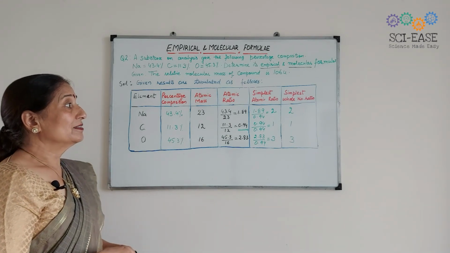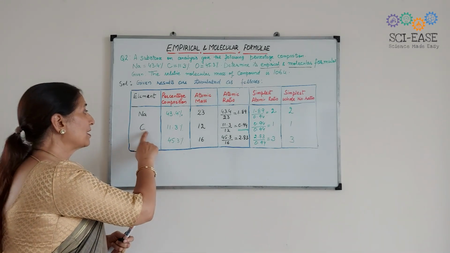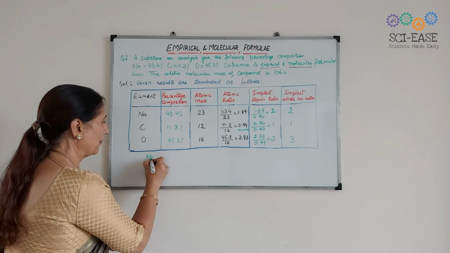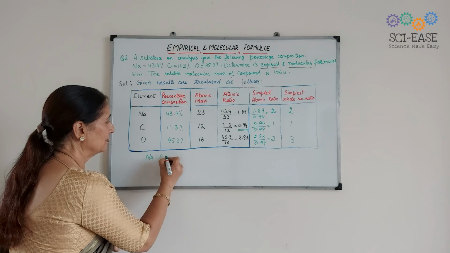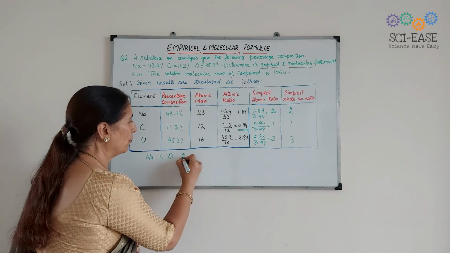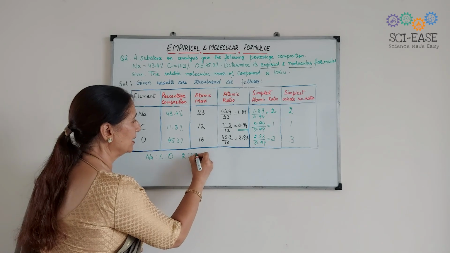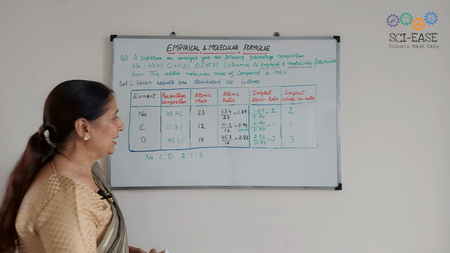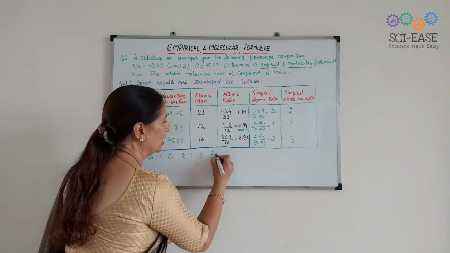So the sodium, carbon, and oxygen are in the ratio of 2:1:3. From this, we will calculate the empirical formula.